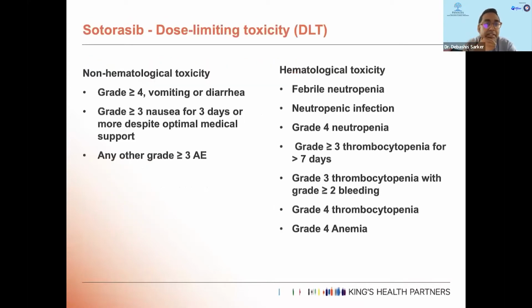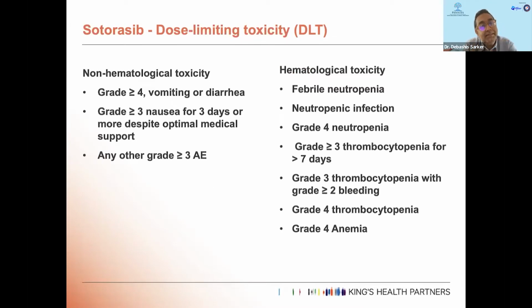For the Sotorasib study, they've said non-hematological toxicity, listed on the left, is grade 4 or greater vomiting or diarrhea, or grade 3 nausea for 3 days or more despite optimal medical support, and any other grade 3 adverse event.